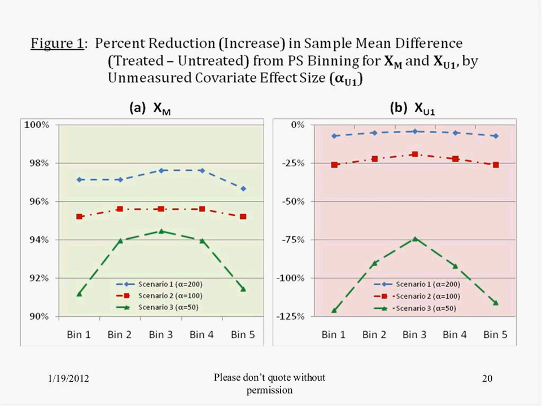If we graph this, to give you a visual interpretation, we're looking across the 3 scenarios, scenarios 1, 2, and 3, in which our unmeasured covariates had no correlation with the measured covariates. The blue line represents scenario 1, the red line scenario 2, and the green line scenario 3.